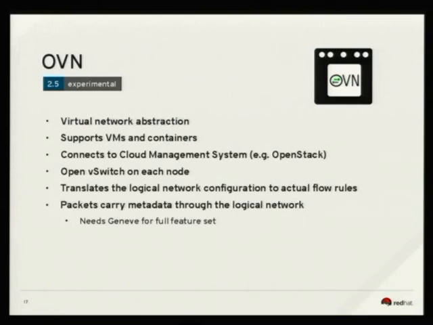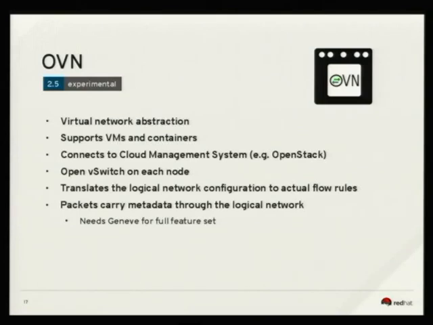I don't really have time to go through that in detail. An interesting thing worth noting is that each packet that travels the logical network has metadata appended throughout its whole life and its whole traversal of the network.